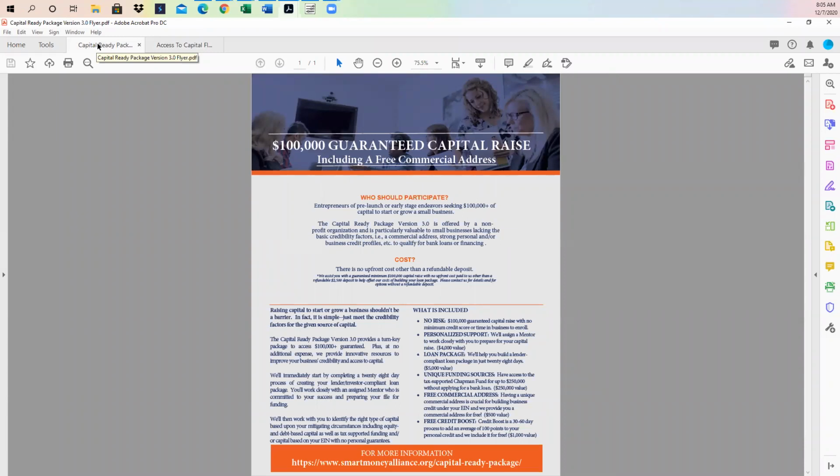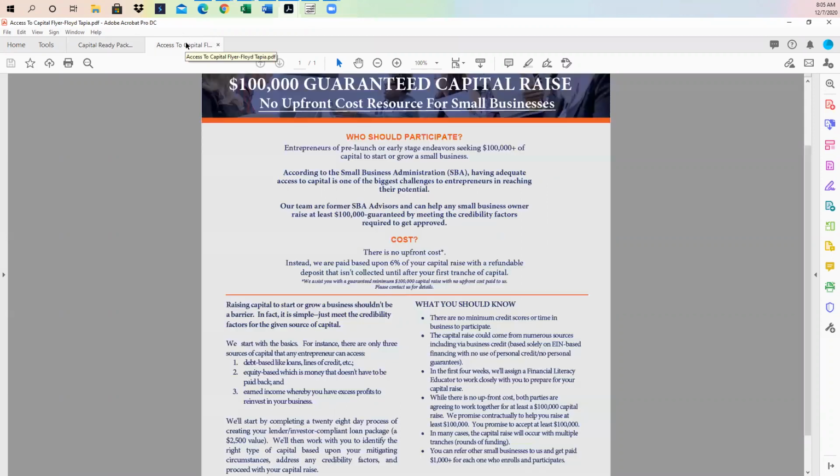We've included credit boost and we've included the commercial address. So if they're in Access to Capital, do they have a $2,500 refundable deposit up front? Nope, they don't pay it until their first capital raise. Is credit boost included for free? No. Is the commercial address included for free? No. Now I realize not everyone will need credit boost, not everyone will need a commercial address.